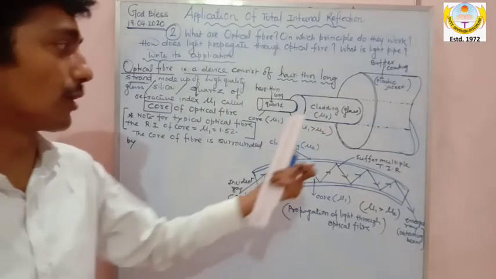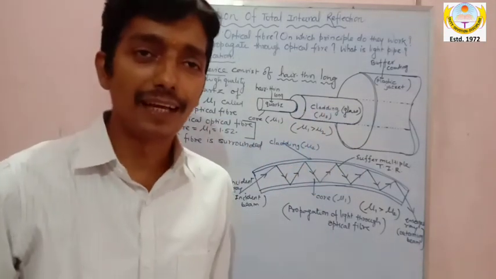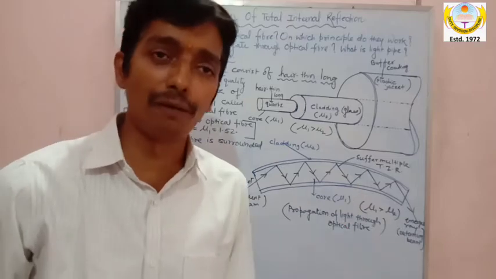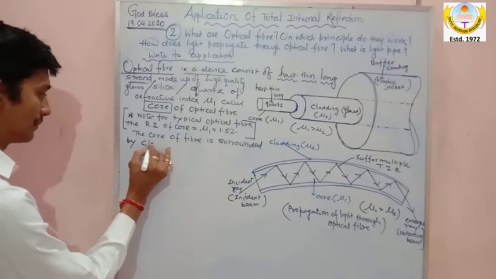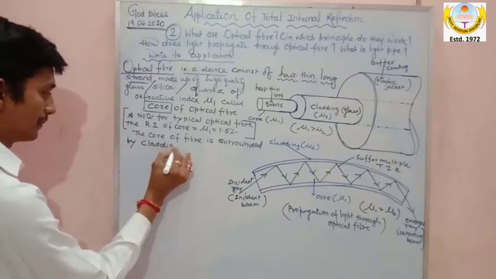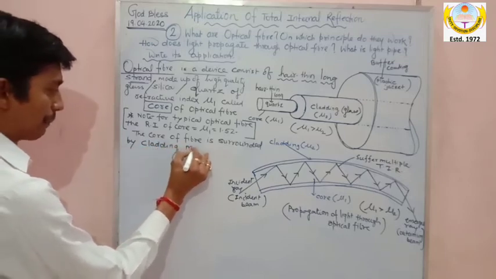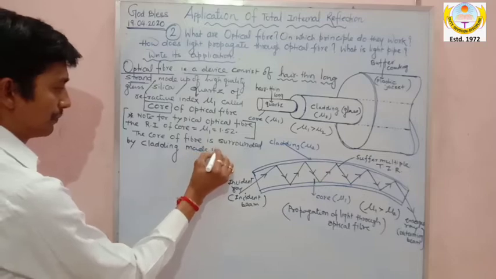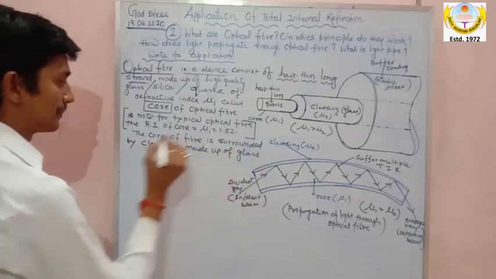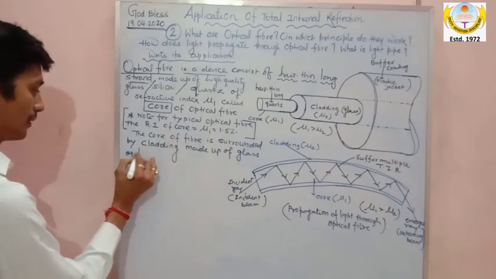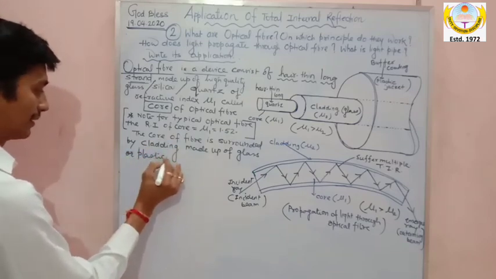So the core of the fiber is surrounded by cladding. This is also made up of something. I am writing: cladding made up of glass or plastic.